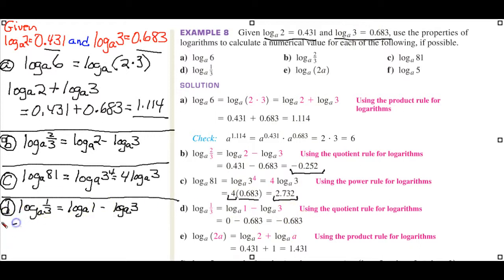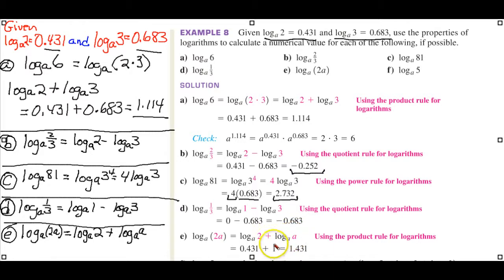And our last one, E. All right, this one's a little tricky in that we have log base A of 2A. So that will give us then, as we tease it apart, log base A of 2 plus log base A of A. But what did we say log base A of A is?